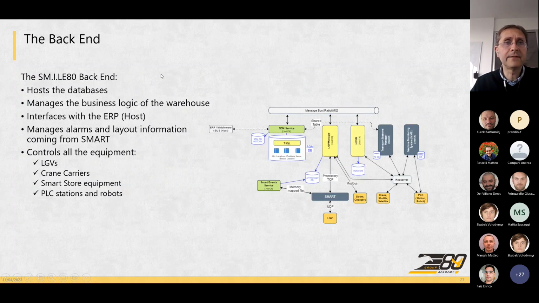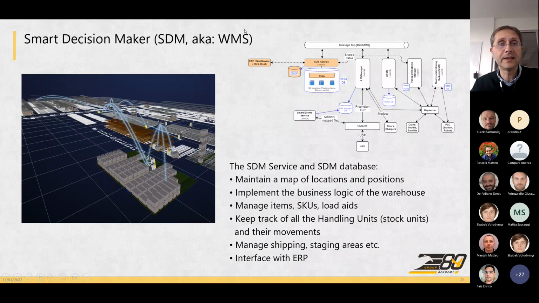Okay, in the backend, we have core services like SDM, that is also known as WMS, that is Warehouse Management System. You will see both terminologies, both inside the APIs and inside the service name and so on. So consider them as the same.